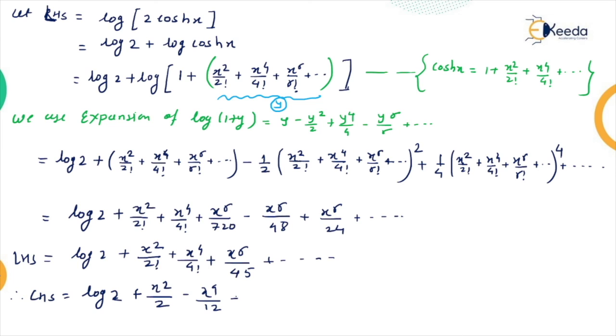Next term will be plus x raised to 6 upon 45, and so on. Now clearly you get the LHS as log 2 plus x square divided by 2 minus x raised to 4 upon 12 plus x raised to 6 upon 45.